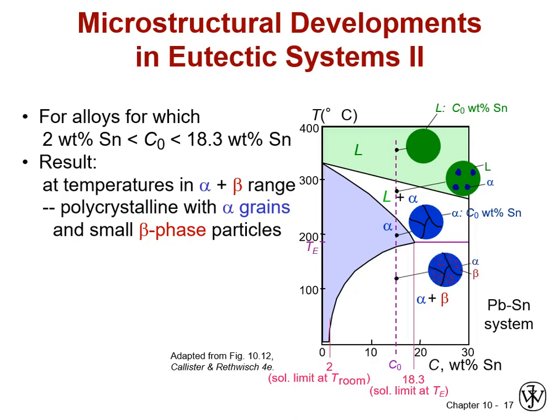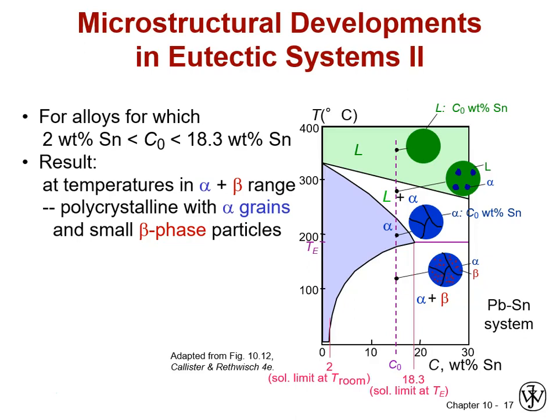Now if we cool down a little bit more, down to maybe just above what looks like 100 degrees C, just from that last black dot, we've now entered a region where beta is stable, and it starts to precipitate from solid solution. And I'd say this optical micrograph might be a little bit misleading because it's showing that beta as precipitating in the middle of those alpha grains.